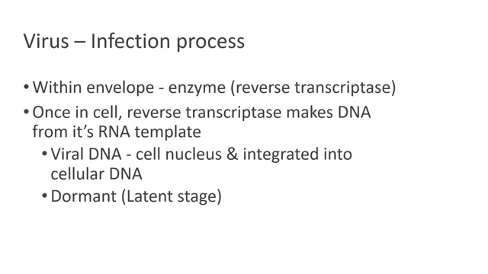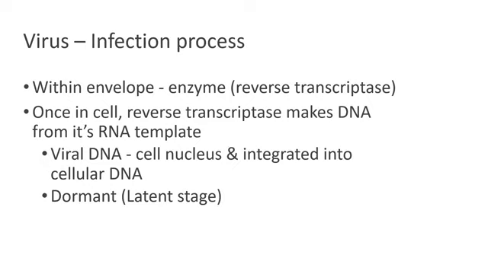So the infection process: the HIV virus gets into your bloodstream, and then it finds a cell that it wants to infect, which is a macrophage or a lymphocyte. As I mentioned a moment ago, within the envelope and the capsid there is an enzyme called reverse transcriptase.